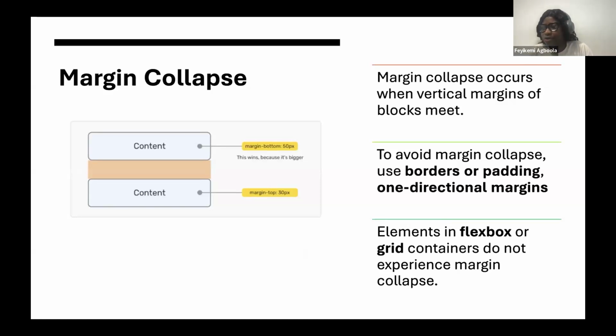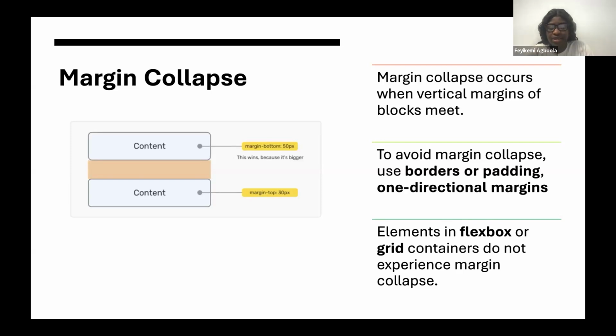Top and bottom margins of elements sometimes collapse into a single margin that is equal to the largest of the two margins. So when we have vertical margins, to avoid margin collapse, we can use borders or paddings, or we can just stick to one directional margins.